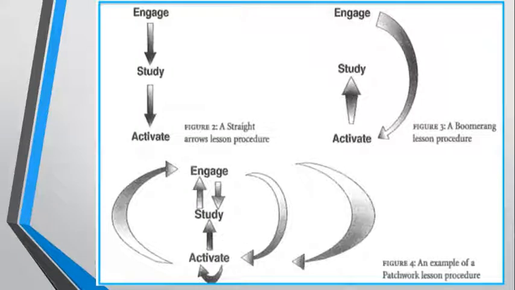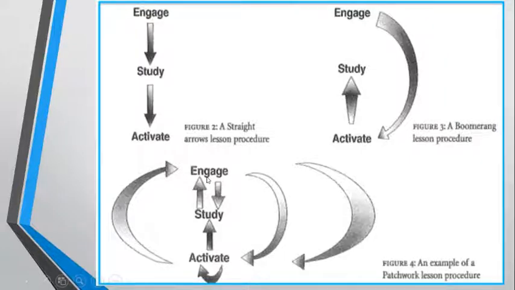In the patchwork, it is something a little bit crazy because it doesn't have a really organized procedure. For example, as you can see in the arrows, first you can start with engage, then with activate, then with study, and then you can come back to engage again. There are others, as you can see in that part.